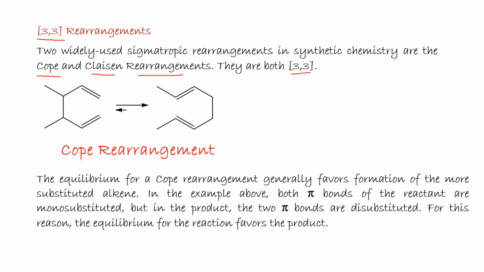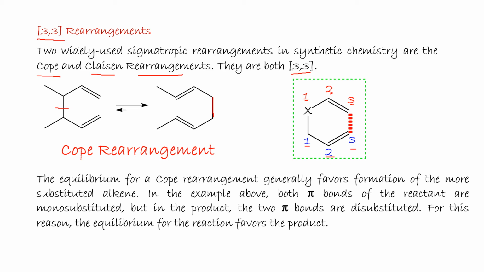We break here and form a bond in here, right? So we number this 1, 2, 3, and here 1, 2, 3. We are building a new sigma bond in here at the expense of this one.